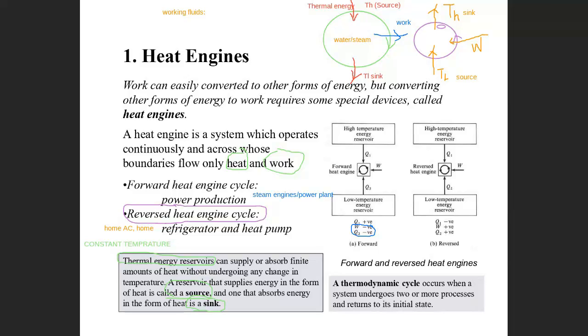So now we understand why last week we learned the properties of pure substances, and why I provided you the tables and the diagrams for water, steam, and the refrigerants, because we will understand that during the process there is phase change, like here expansion and heat rejection.